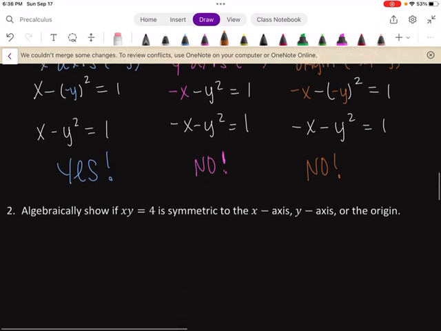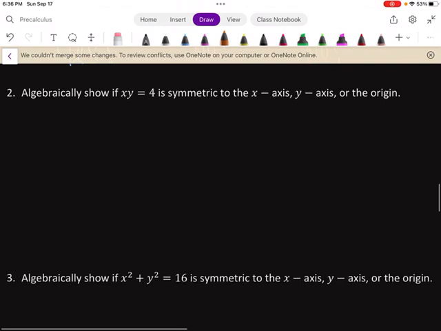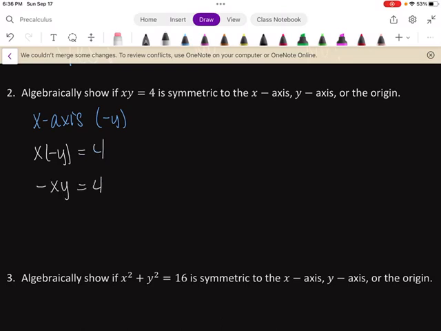Okay, you could pause this and do this one yourself and then check back, but I'll go ahead and do it. So we're going to start with respect to the x-axis. We need to plug in negative y. No, it is not. So this is going to be the same result because it's kind of the same thing.